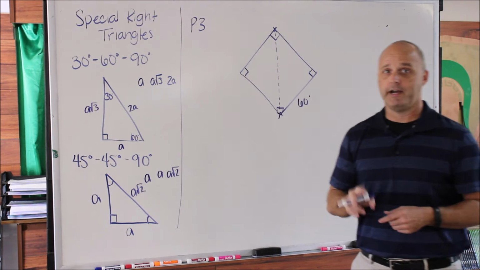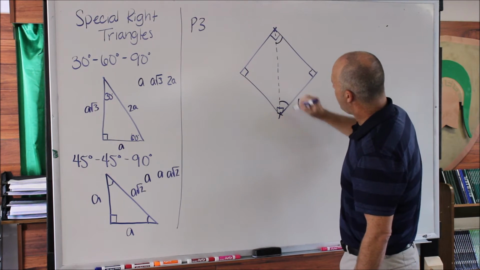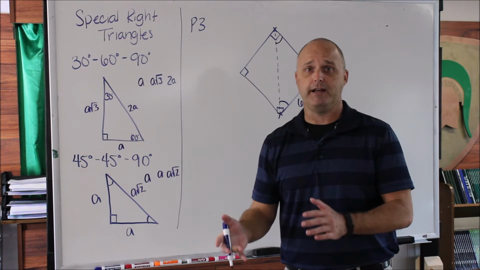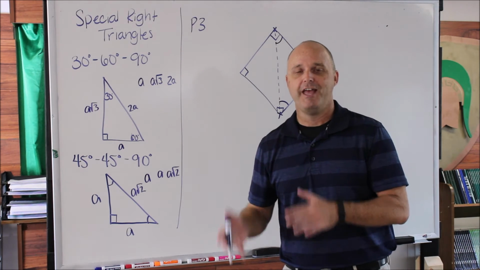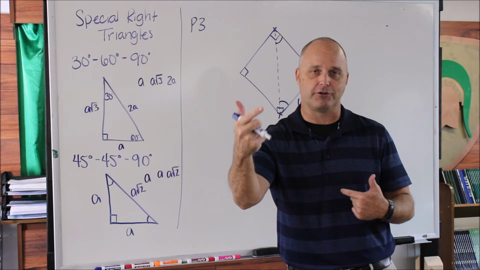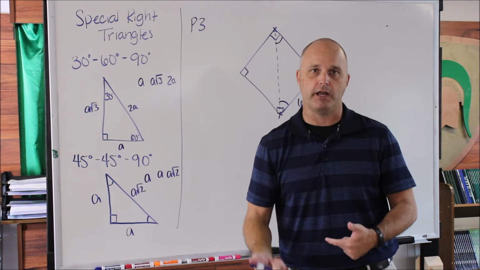Now if it's 2 right isosceles triangles, that means that these angles here are going to be congruent. Okay? So if they're 2 right isosceles triangles, and we know that the 2 angles that are not the right angle are congruent, then we know that we've got a 45, 45, 90 triangle.